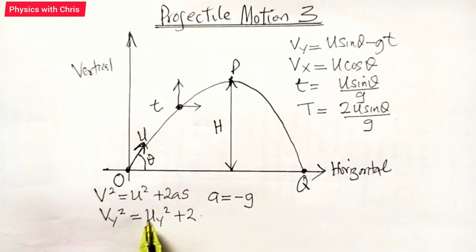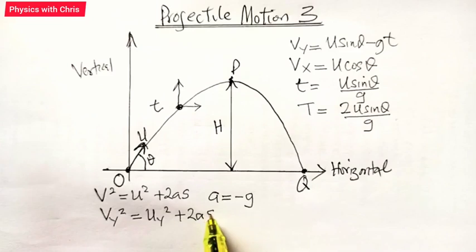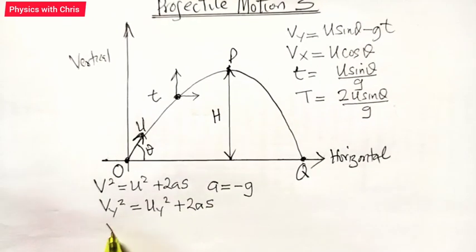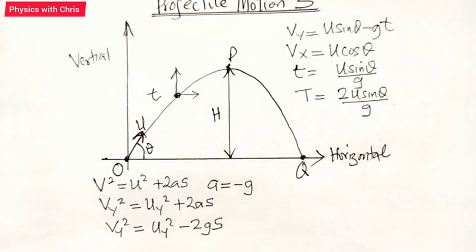I've taken the velocity in the upward direction as positive. g acts in the downward direction, so take g as negative. So let me write it as Vy squared equals Uy squared minus 2g times s.